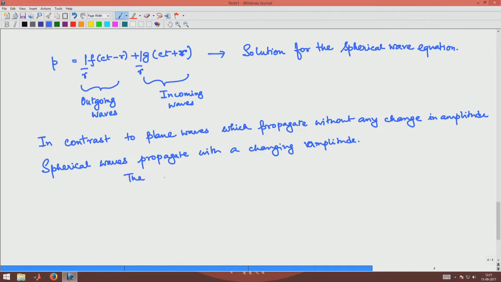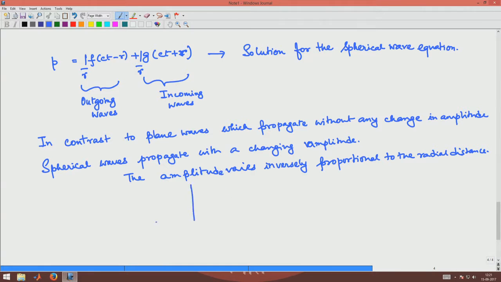The amplitude varies, I should say inversely proportional to the radial distance. So, this is very useful, that the amplitude by itself is going to have a fall.